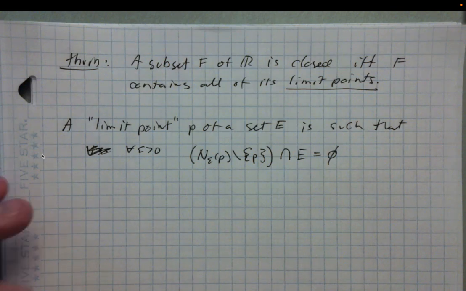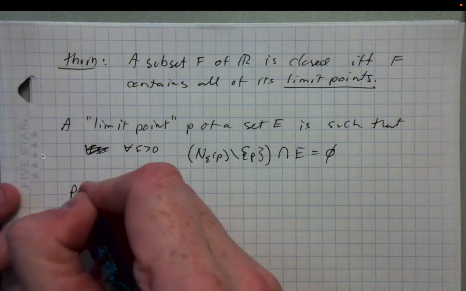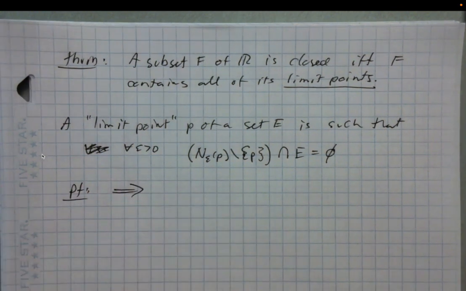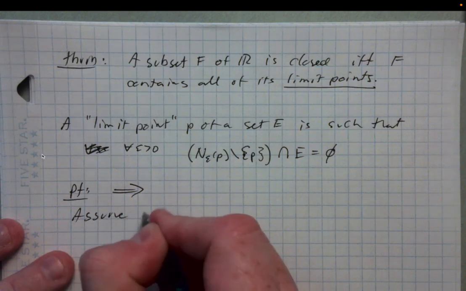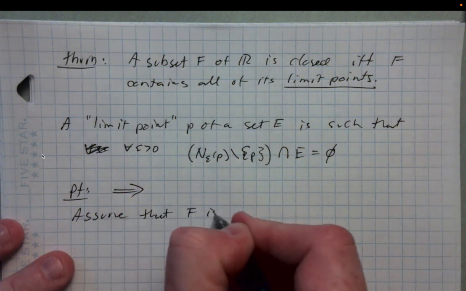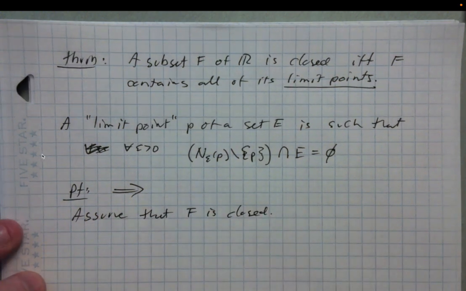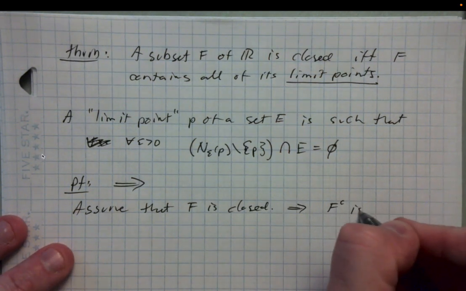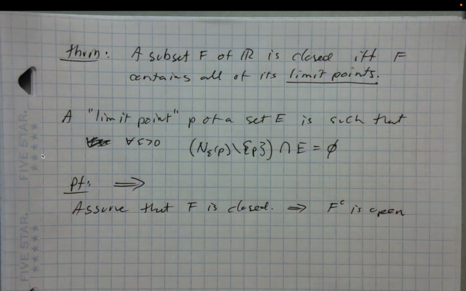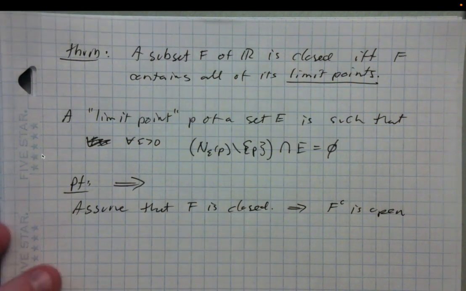This is an if and only if, so it's two directions. We'll start with the direction where we assume that F is closed. So F is closed. That implies then that the complement of F is open. And what's the implication there?